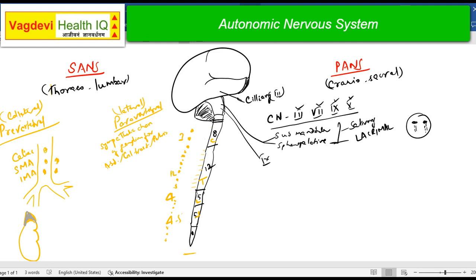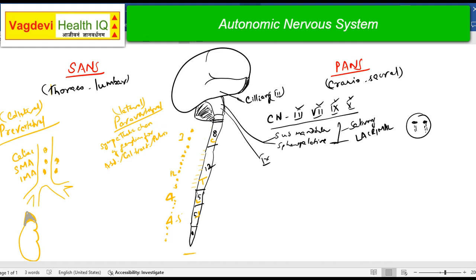I know it's not easy to remember. You might have forgotten, but it is very important to understand. It originates from the medulla oblongata and comes into the pharynx. Anyway, next class I'll give you mnemonics to remember which nerves are mixed, which are motor only, which are sensory as well.